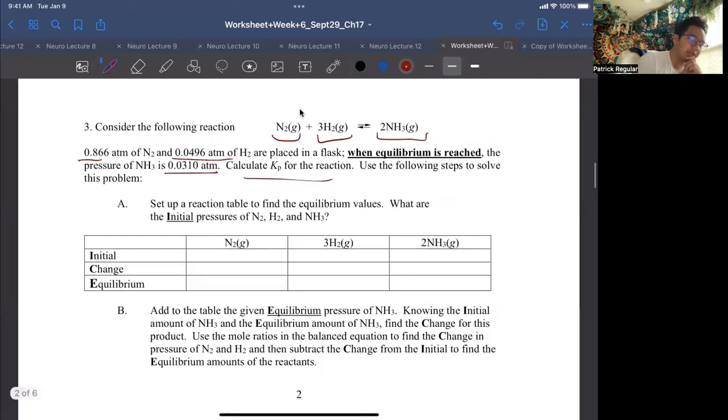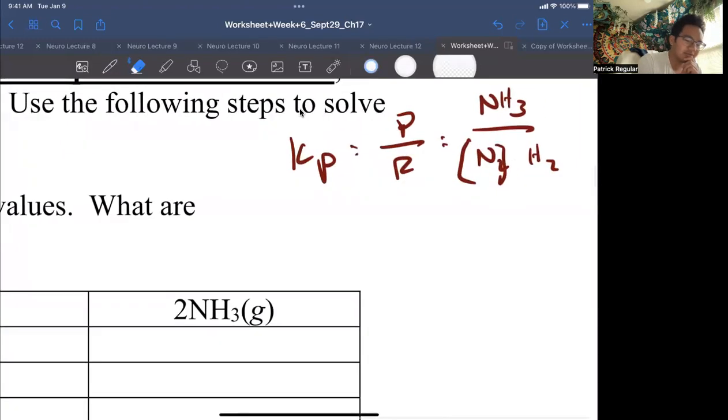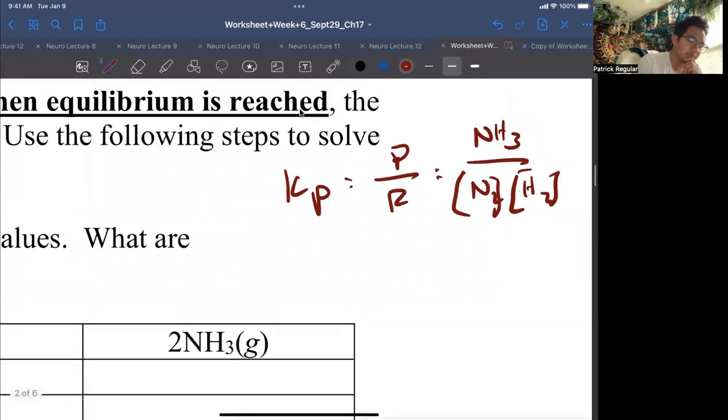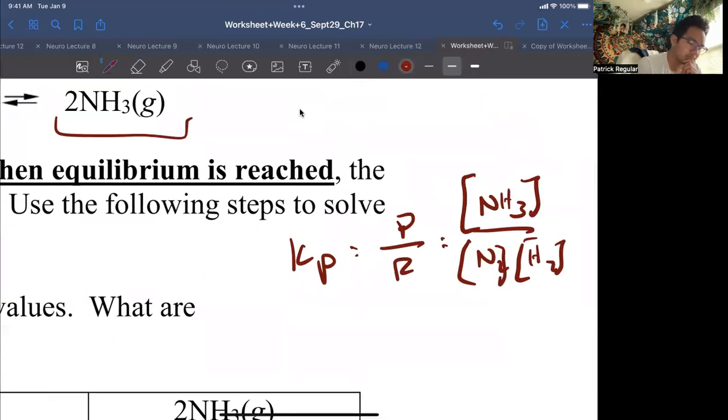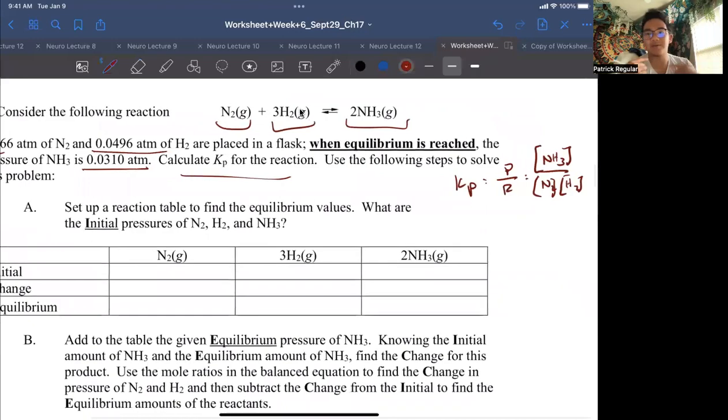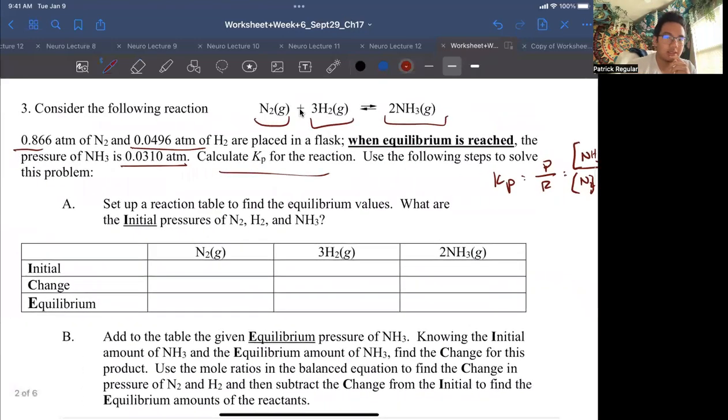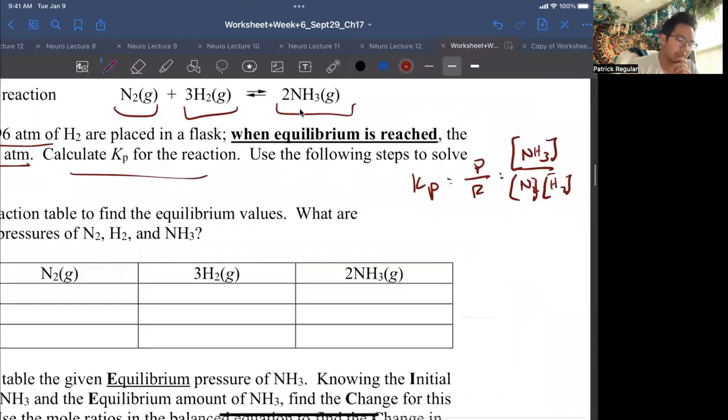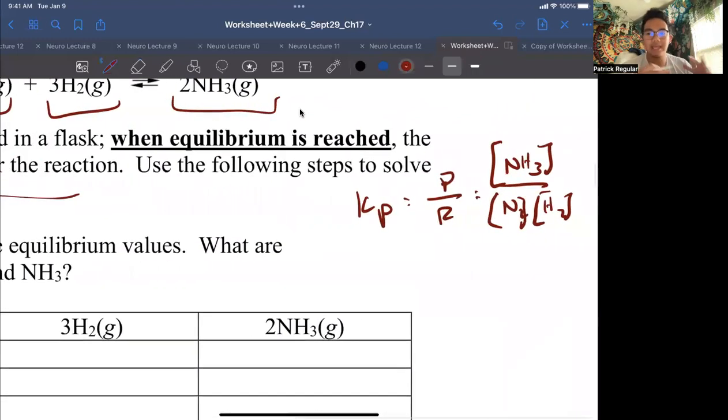So if our Kp is, remember, our K constant, products over reactants, we're looking for the concentration of ammonia, N2, H2. You don't actually add them. But remember, that's at equilibrium. So K is only at equilibrium.